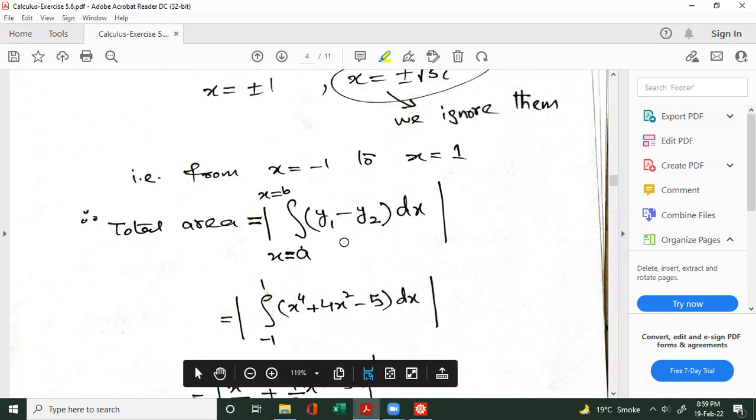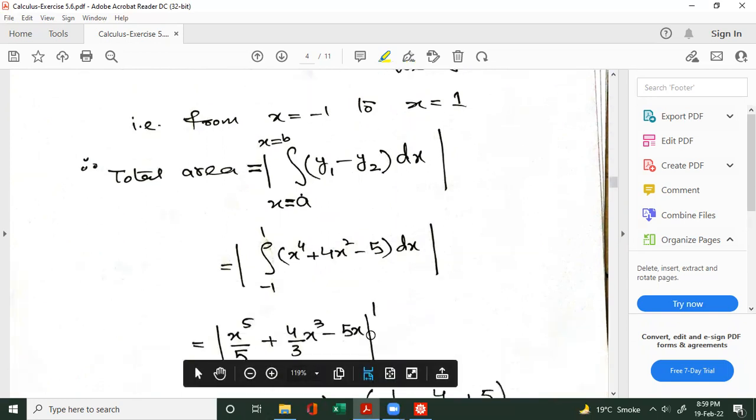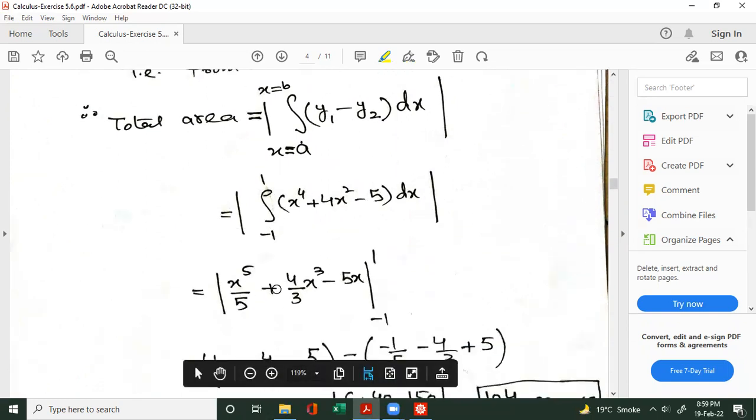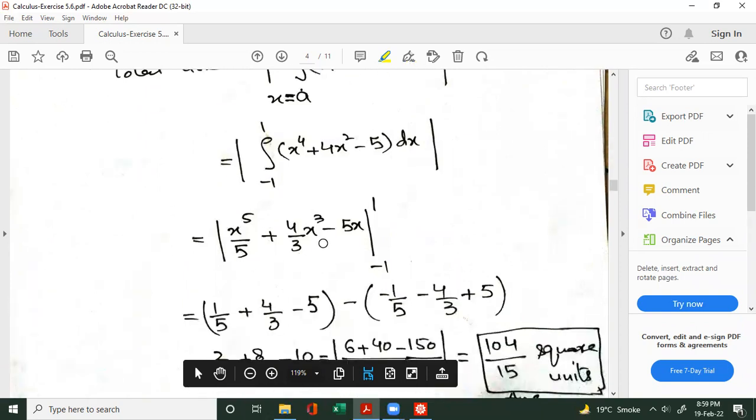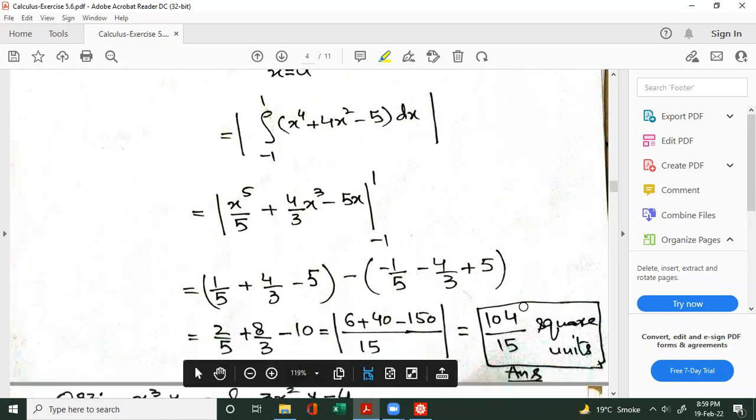So my y1 minus y2 was x^4 plus 4x square minus 5. Everybody knows how to integrate it. I will get this expression, and after applying the limits, I will get 104 over 15 square units. So that is the area enclosed between these two curves.